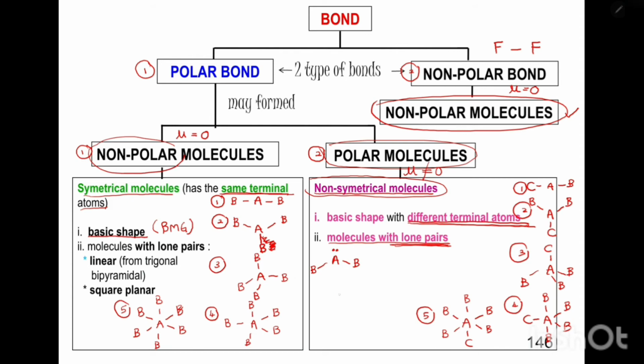And then if we have trigonal pyramidal, there is one lone pair there, so the bond dipoles cannot cancel each other, so it is polar molecule. And then we have T-shape: two lone pairs with 3 bonding pairs. So this one is also non-symmetrical molecule and polar molecule.